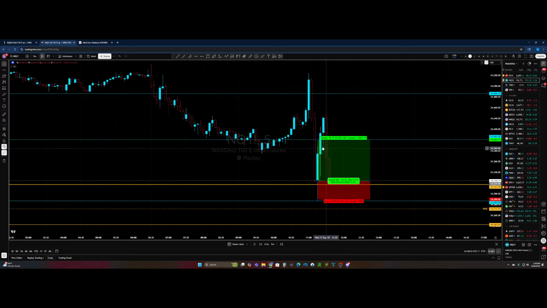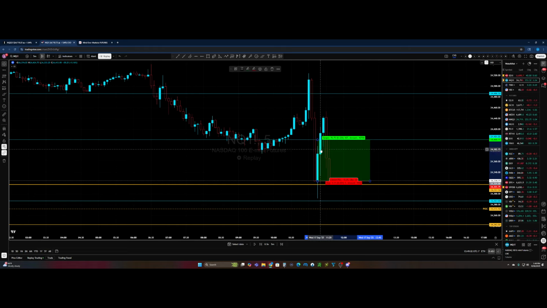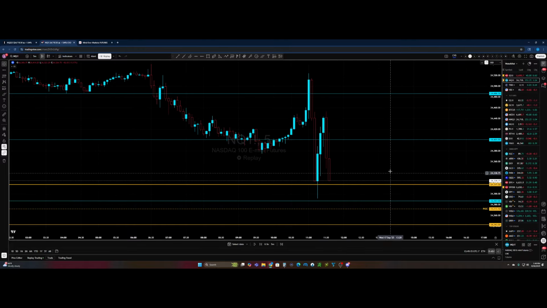At this point, I've already taken profits because I have money in the bank that is not at risk. I will move my stop up to break even. What does that do? Price came down, I get stopped out. But what does that tell us? We made some profit, we made some money, we didn't lose money on the runners. Boom.